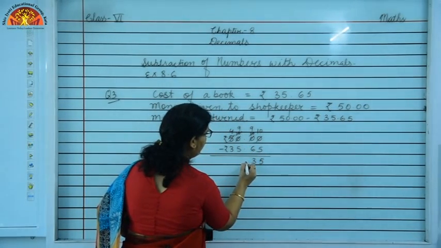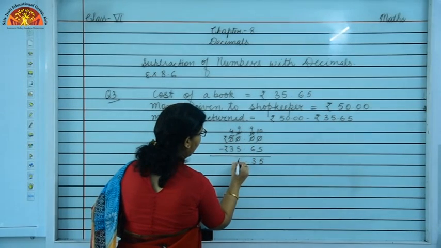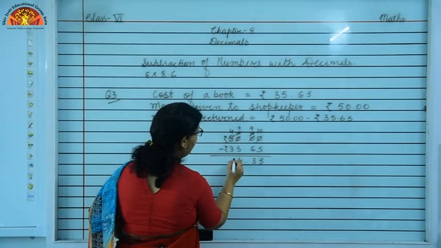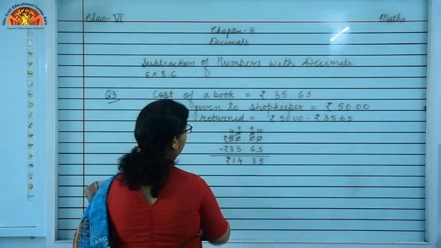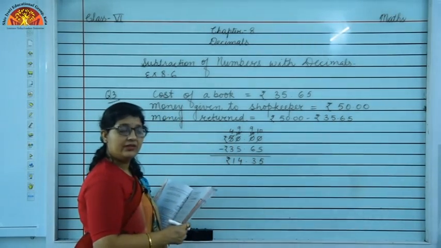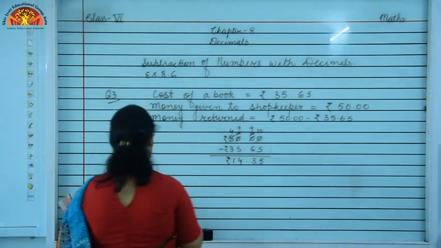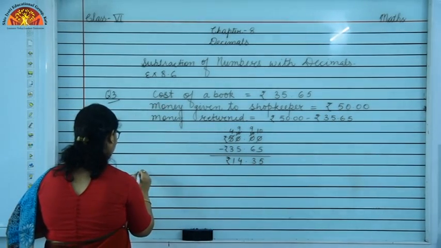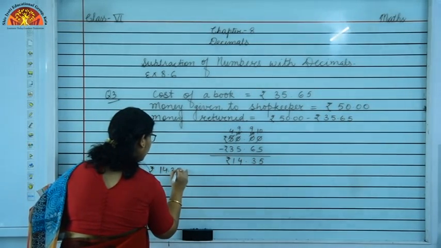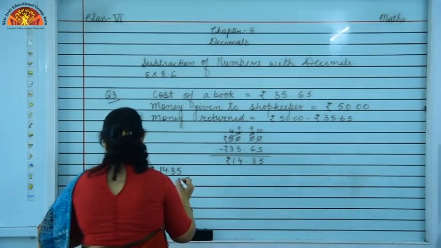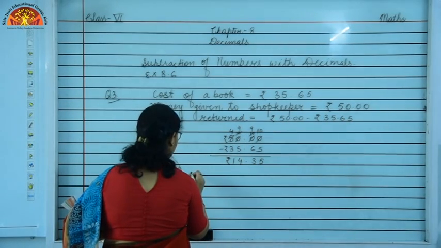We put decimal below decimal. 9 minus 5, 4. 4 minus 3, 1. And because we have rupees here, we write the symbol of rupees. Therefore, rupees 14.35 gets back from the shopkeeper.